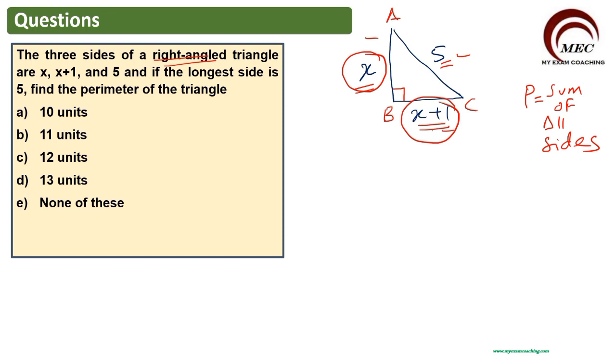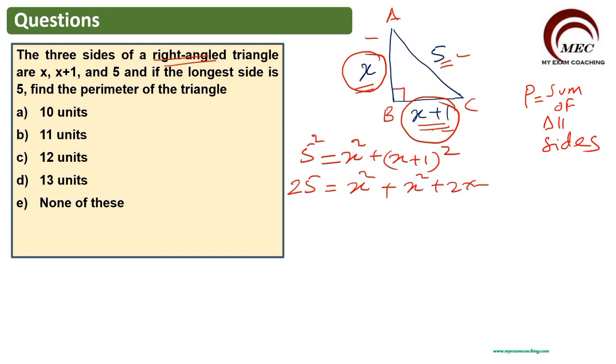AC square, that is 5 square, hypotenuse square, is equal to x square, one side square, plus other side square, (x plus 1) square. So 5 square is 25, equal to x square plus (x plus 1) all square, which will be x square plus 2x plus 1. This x square and x square will become 2x square, so it is 25 equal to 2x square plus 2x plus 1.